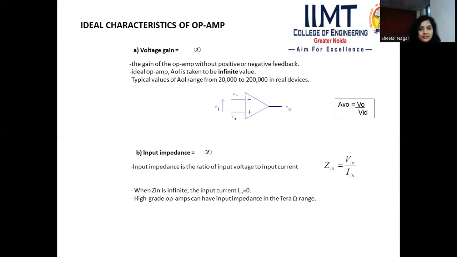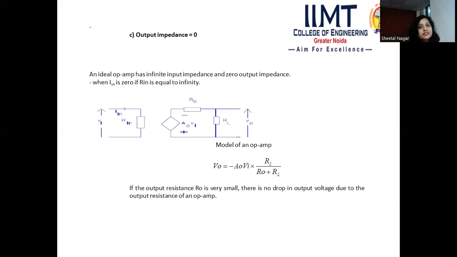Now, the next one is the input impedance. This characteristic of the ideal operational amplifier must be infinite, represented by Zin, which is equal to Vin, the input voltage, divided by the input current. Ideally, Zin must be infinite. Next is the output impedance. For the ideal operational amplifier, it must be zero, but practically this is not possible and it has some value.